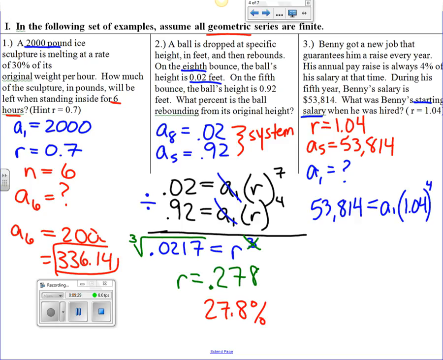Okay. All right. Carter, how can you get A1 by itself? Very good. So to the 4th, you're going to keep that with it. So do that all in one step to make your life easier.